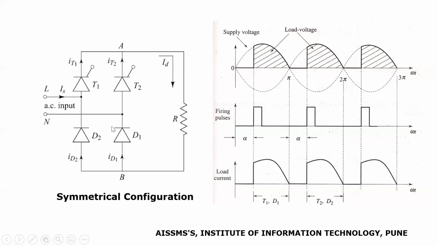Thus, a rectifier is converting AC voltage or AC supply to DC supply. So in this way, a semi-controlled converter is converting AC power supply to a DC supply. So this is the working of a semi-controlled converter connected in symmetrical configuration.